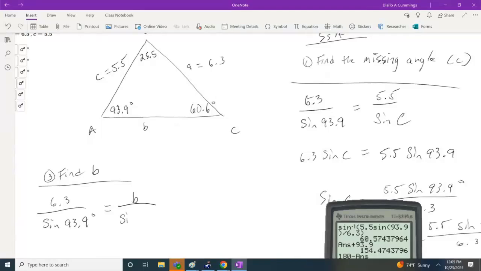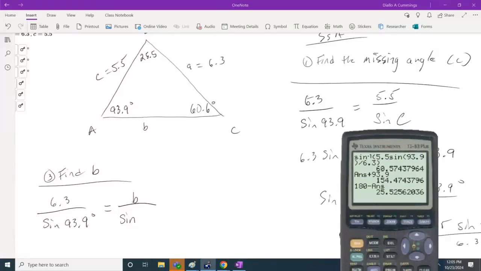And we're going to divide that by the sine of 25.5256..., which means I'm not going to use that rounded 25.5 value. I'm going to use this unrounded value for angle B.